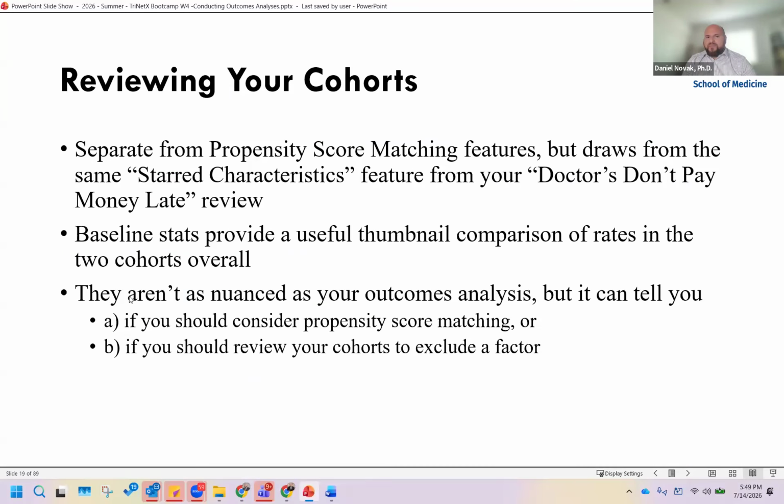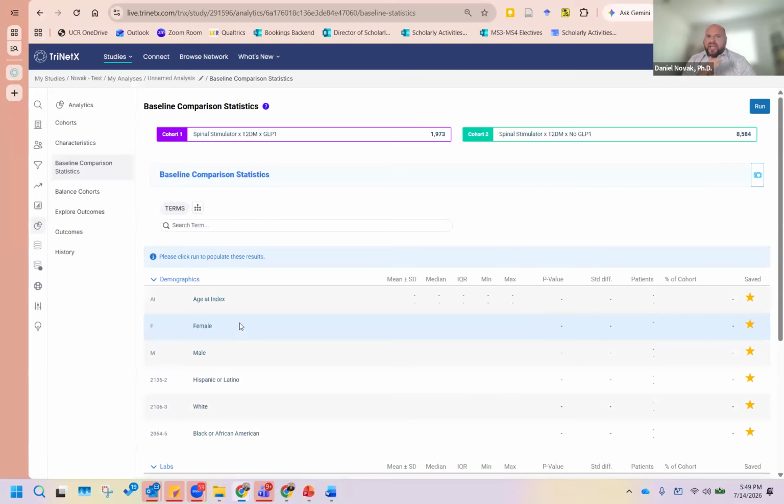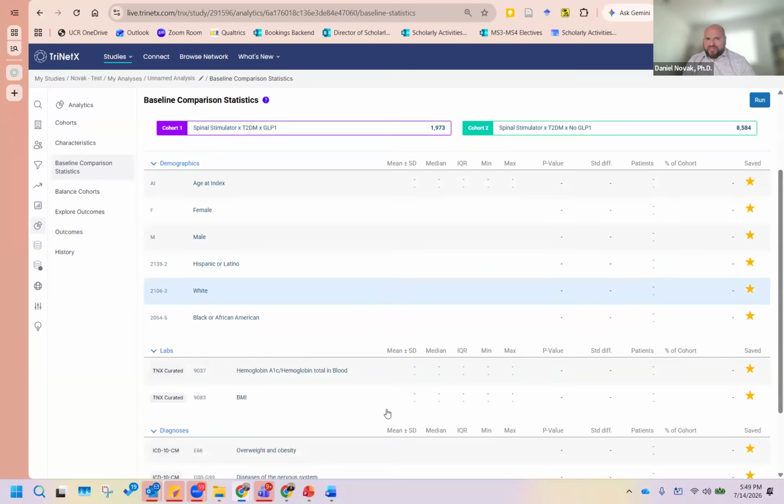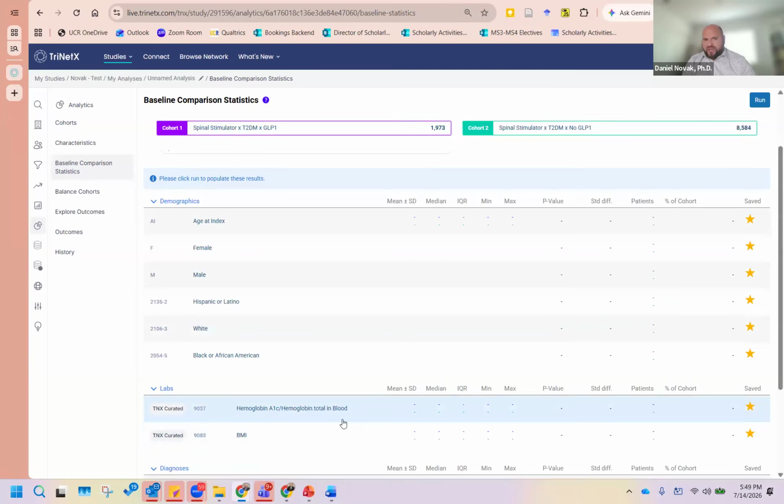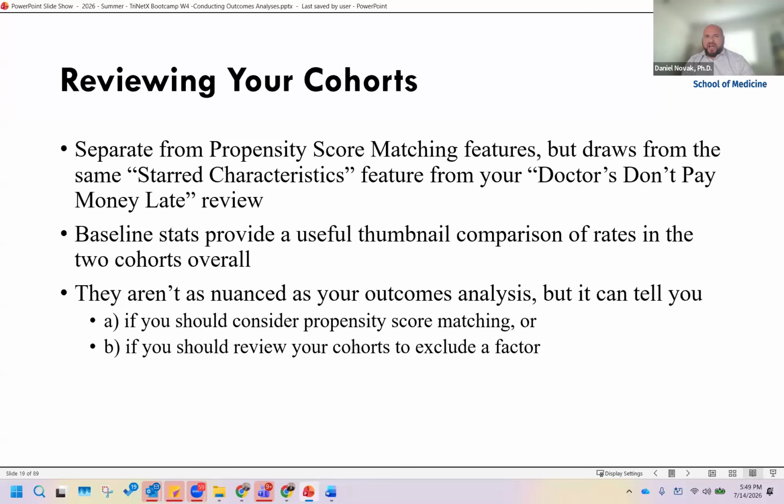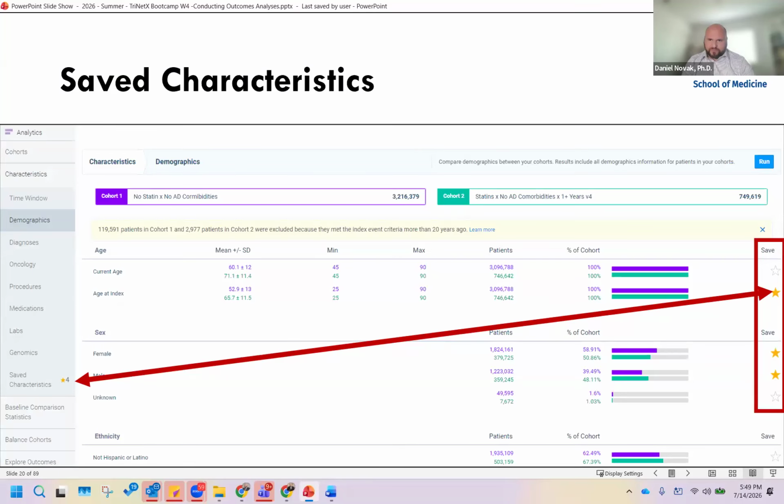But they can tell you and help you understand whether you need to consider propensity score matching or if you should review your cohorts to exclude factors. You might find from looking at here that there is a statistically significant difference in BMI or A1C, and you may want to go back to your cohort to review them and make sure that your cohorts aren't apples to oranges and full of people with just higher BMI or A1C than the other cohort.